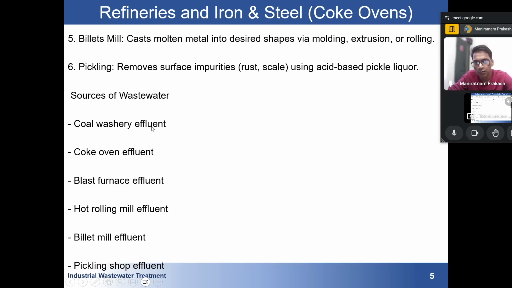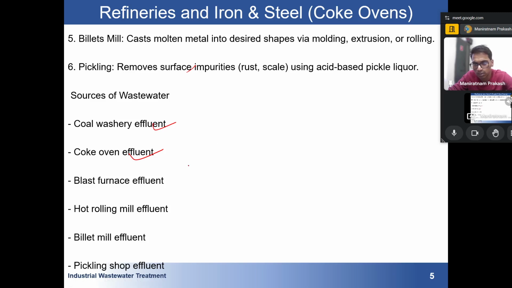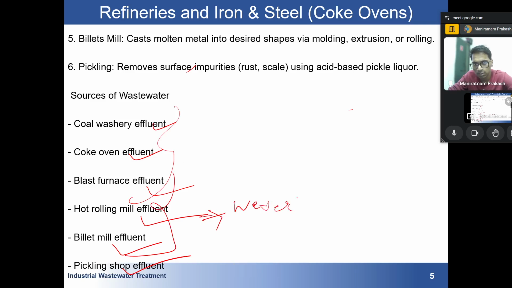Sources of wastewater are the coal washery effluent, coke oven effluent, blast furnace effluent, hot rolling mill effluent, billet mill effluent, and pickling effluent. At all these locations, a huge amount of water is used, and this water is converted into wastewater.